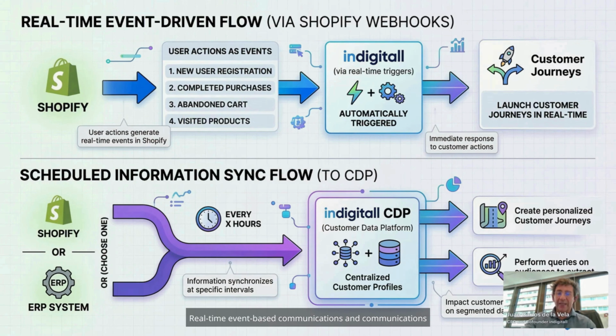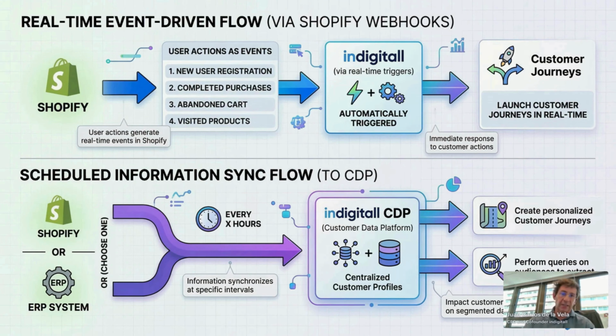Real-time, event-based communications and communications based on behaviors, say purchases, actions I've taken with those customers, that allow me to create audiences, customer segments, to personalize for. That is, hey, who has seen these products and hasn't bought from me in a month? Well, to that audience, I can send a personalized customer journey that allows me to sell more to those customers, do an upselling or a cross-selling.